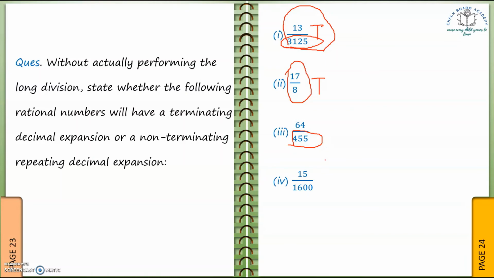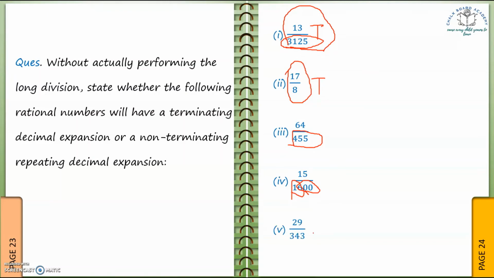Next we have another question, 15 by 1600. In this part we see we have 2 zeros, so we do not need to look into them, because for zeros we can simply put the decimal there. Now 16, this is purely a multiple of 2. So this number is also terminating.